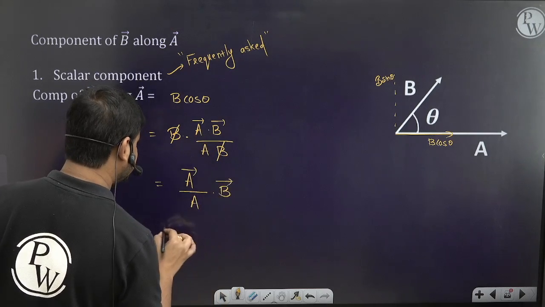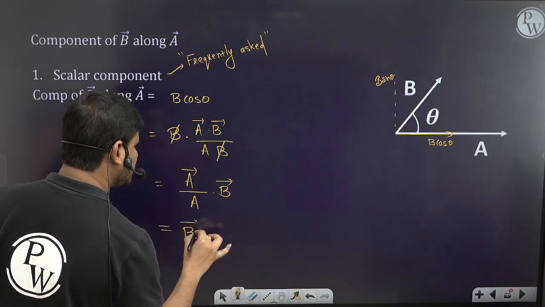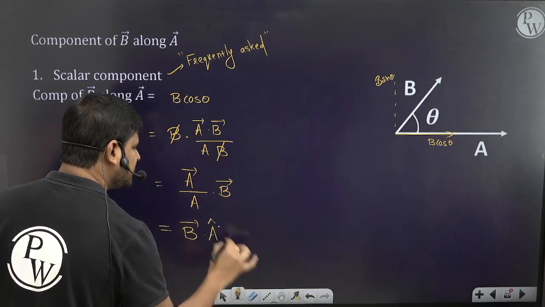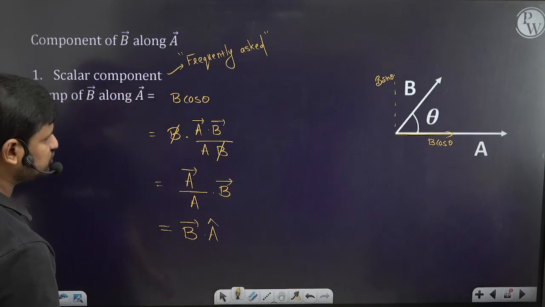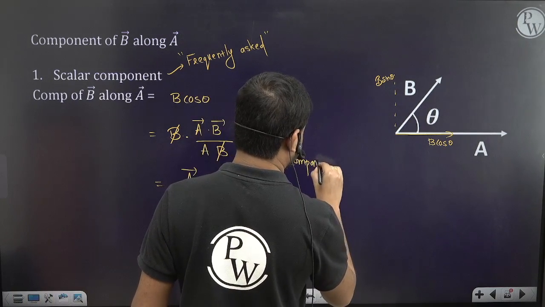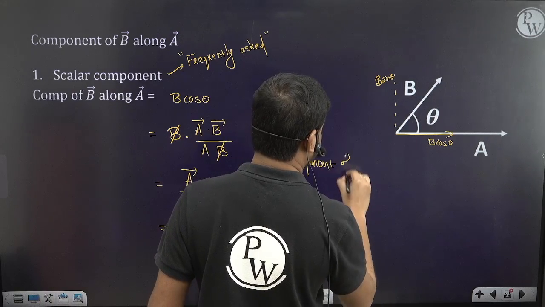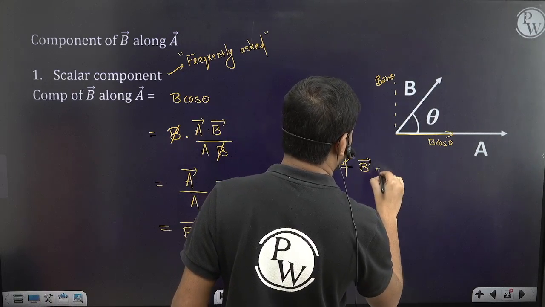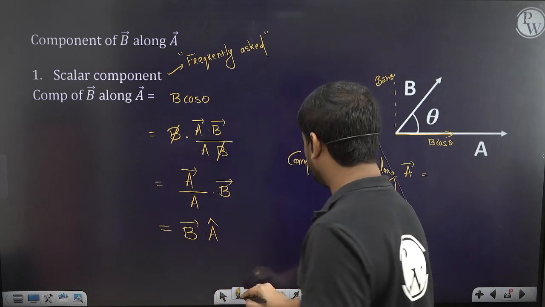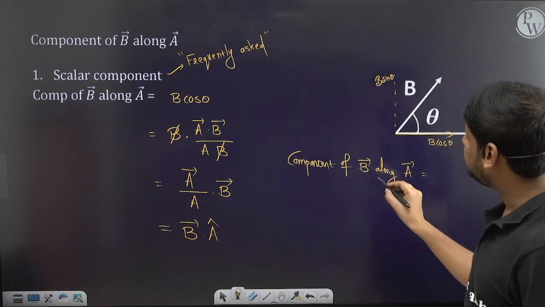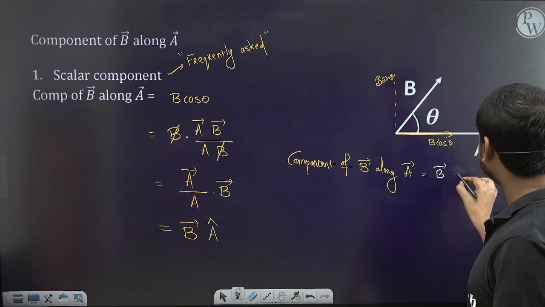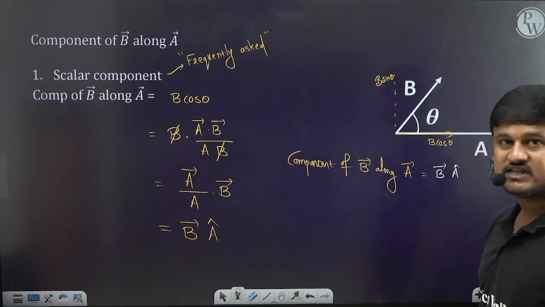Let's write the vector b first. What is vector a by magnitude of vector a? It is nothing but the unit vector of a. So the component of b along a means vector b first, and along a means take the unit vector of a.